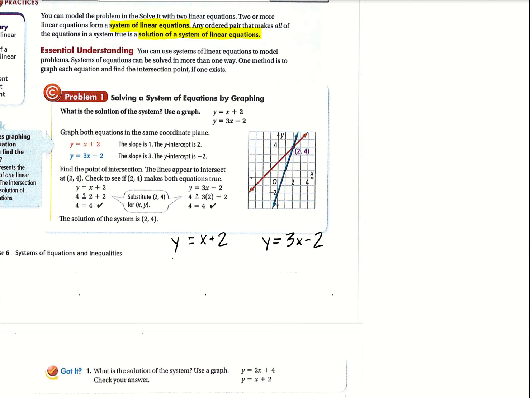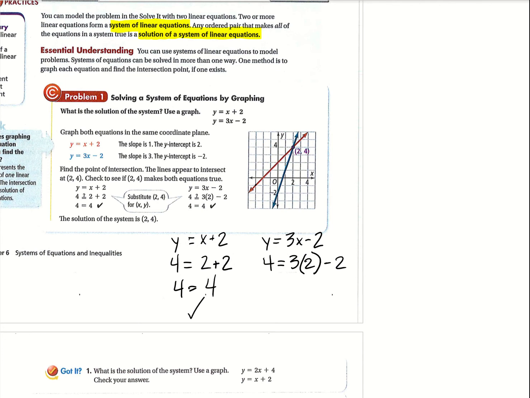So our y value is 4 equals our x value, which is 2, plus 2. And then we also have y equals 3 times x, which is 2, minus 2. Now we just have to see if both of these are true. So 4 equals 2 plus 2, which is 4, so that one's true.